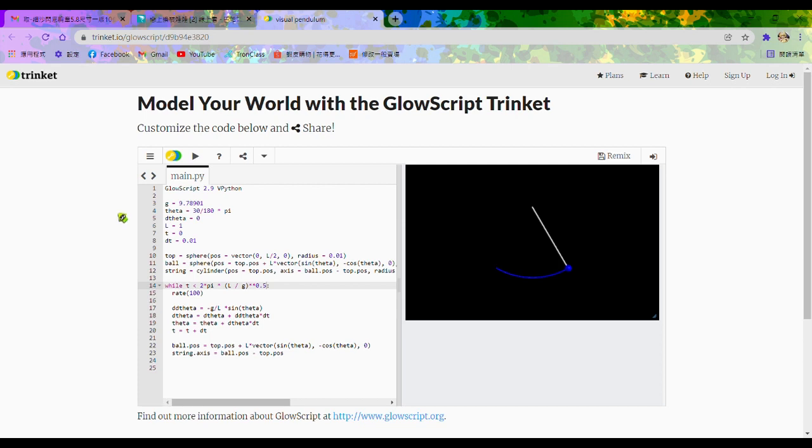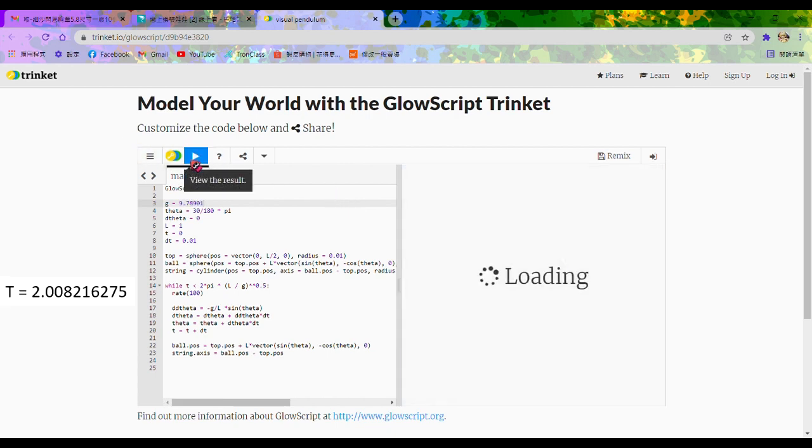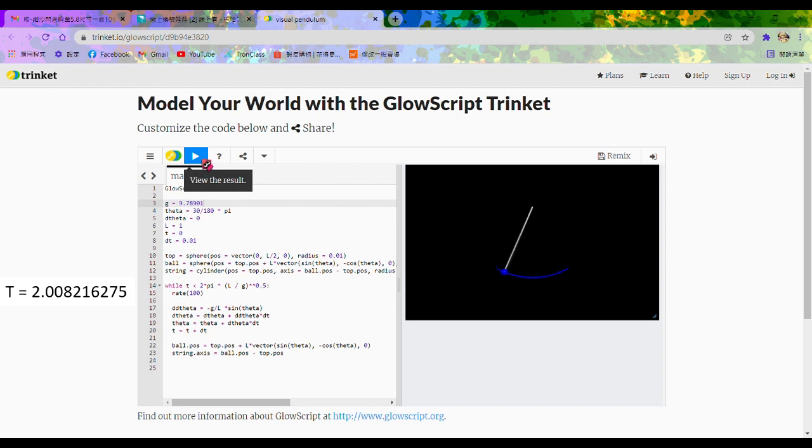And now we're going to substitute different constants of gravity from several places. The first place is Taiwan. The second place is the equator.